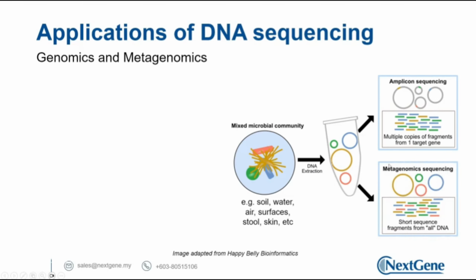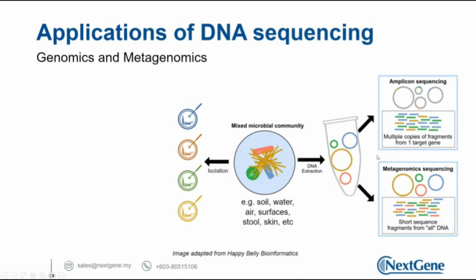At the same time, we can also do shotgun metagenomics. That means whatever we have extracted from a sample, we will sequence everything. From the sequencing data we can tell who is inside the samples, and what genes or genomic content are available inside the samples. Both of these are considered metagenomic studies.